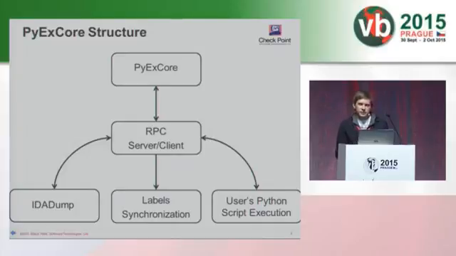PX core provides RPC server-client communication functionality, and that's how IDA and Olly are able to hear each other. And if something needs to be done, an RPC request will be issued. Then it will trigger an underlying module, which is responsible for the type of request. Right now we have 3 underlying modules: the IDA dump module, the label synchronization module, and the Python scripts execution and interaction module.